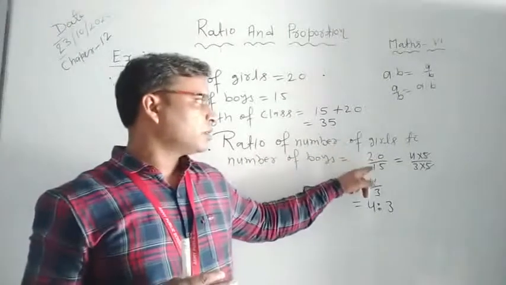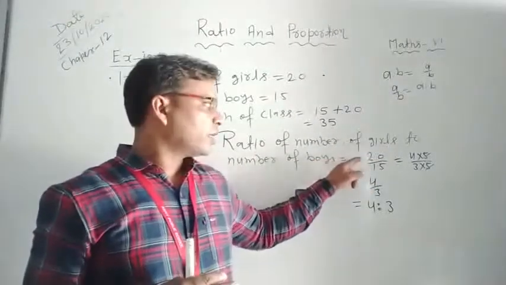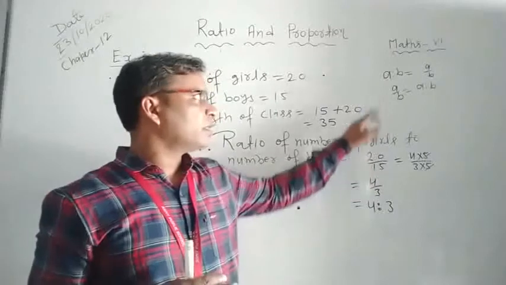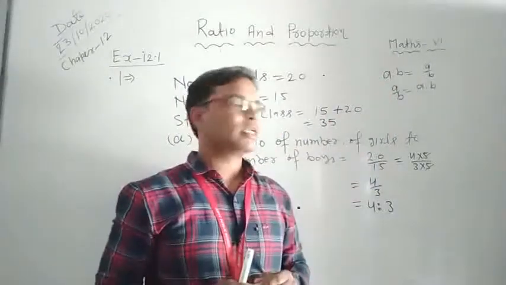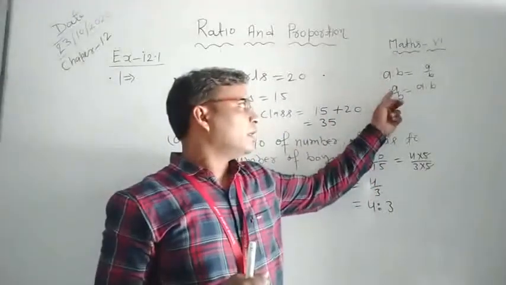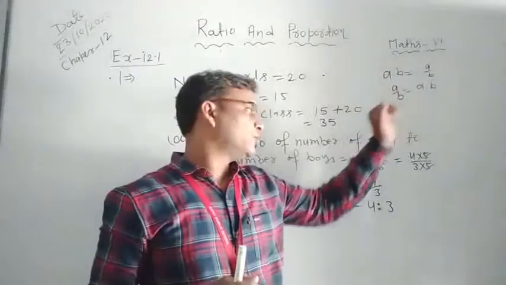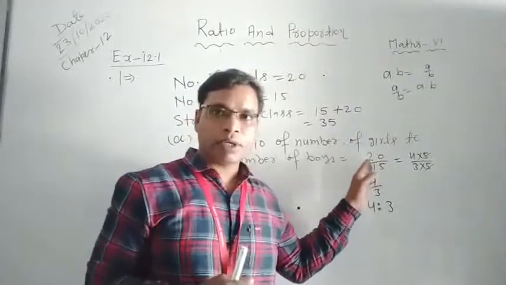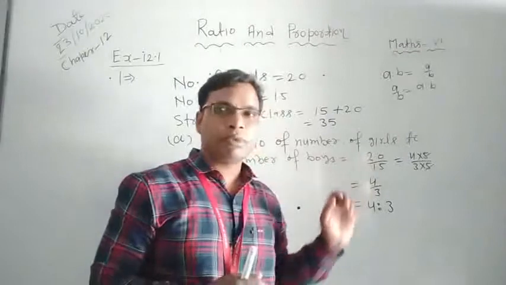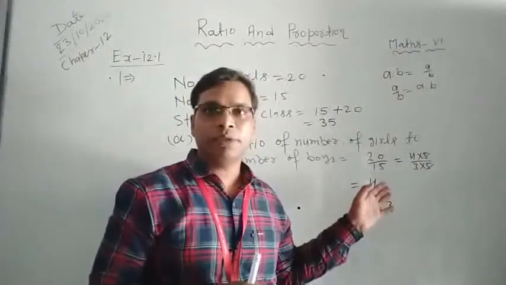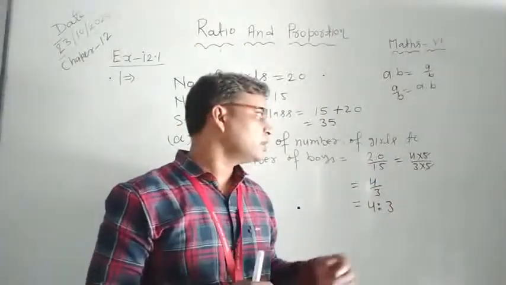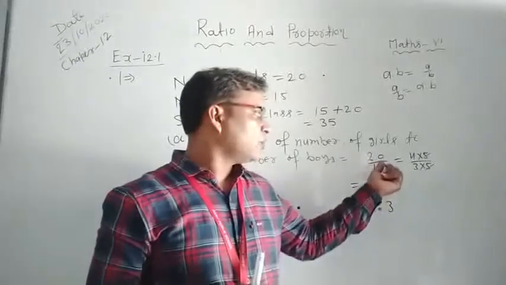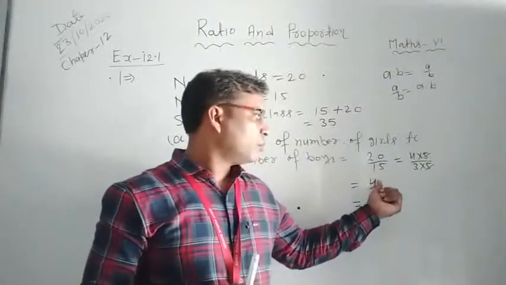You can write it as 20 by 15 because A ratio B is equal to A by B. 20 is the number of girls and 15 is the number of boys. If you simplify them, you obtain 4 by 3.